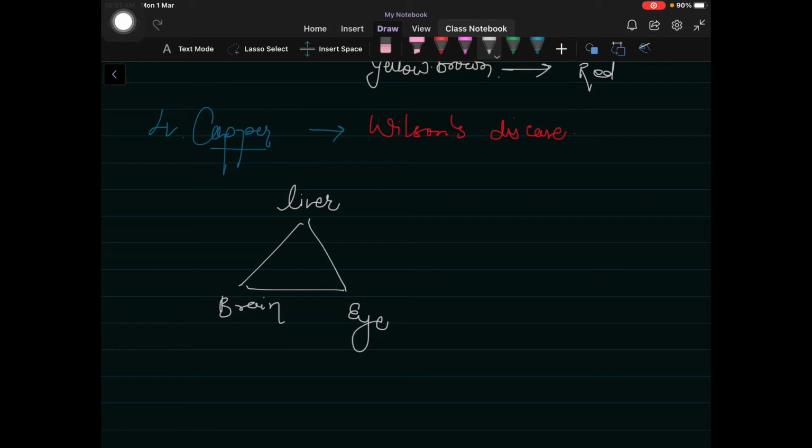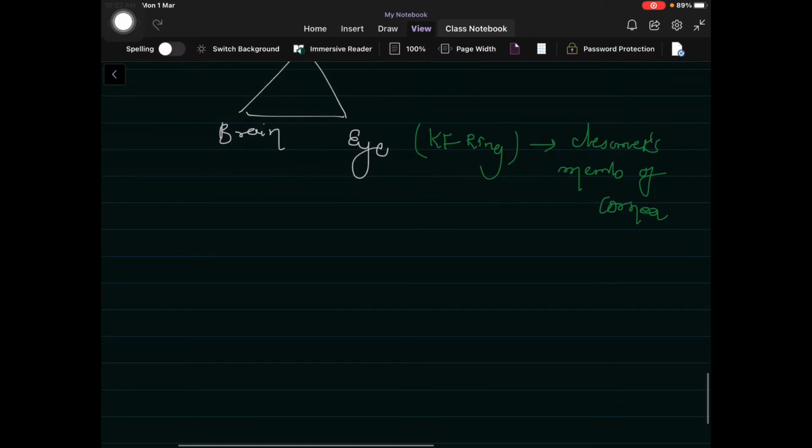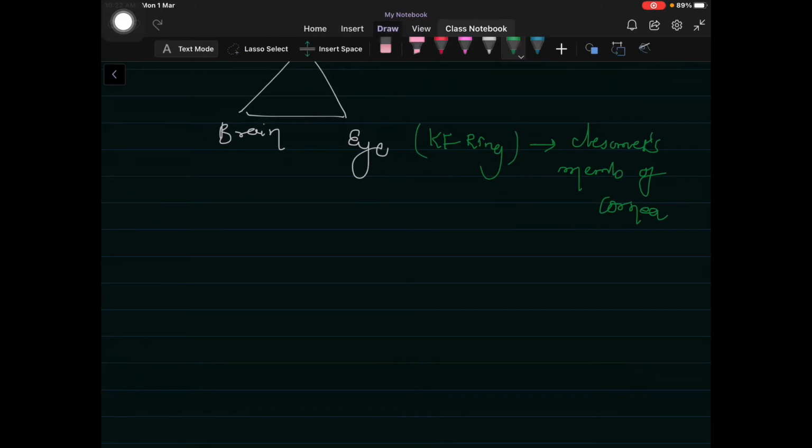Whenever there is accumulation of copper in the liver, it can lead to cirrhosis of the liver. Whenever it is accumulated in the eye, there is formation of the KF ring in the Descemet's membrane of the cornea.